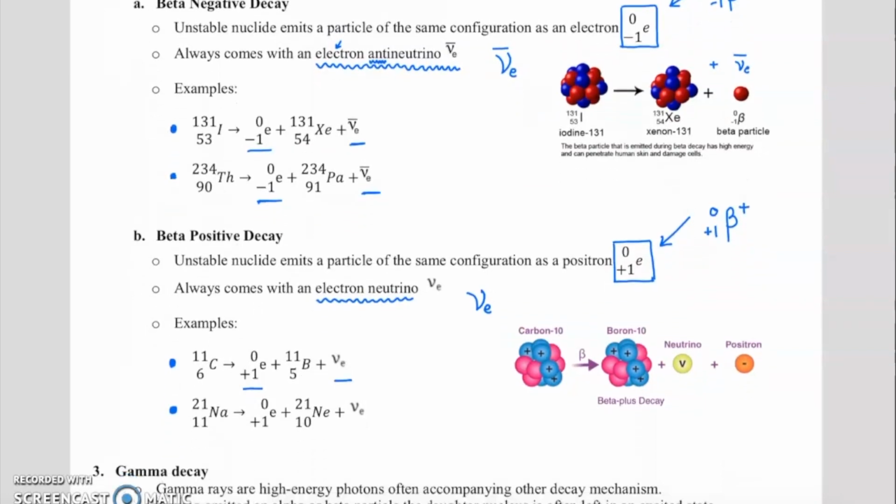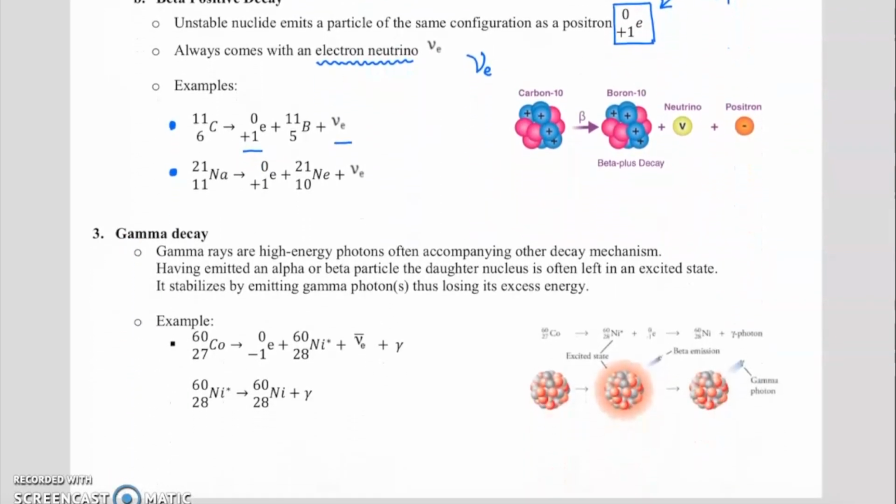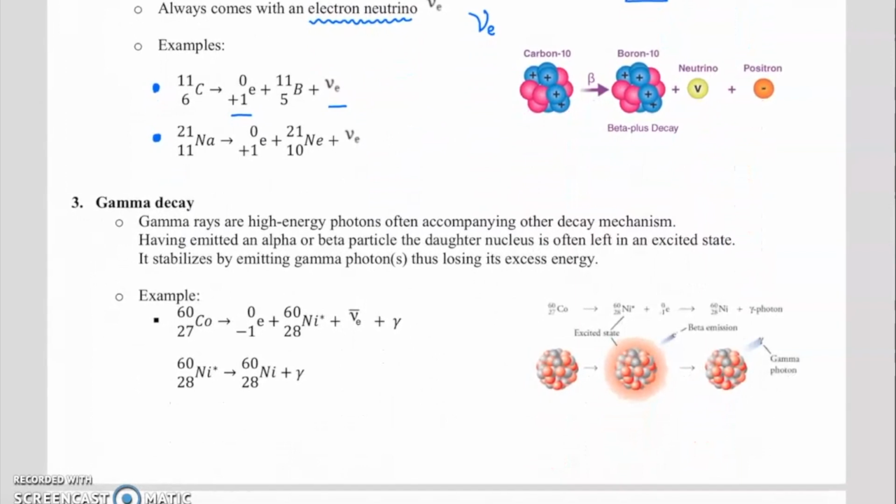And our last type of decay here is gamma decay. Now, gamma rays, we've kind of already learned about them. They might remind you of the electromagnetic spectrum. They're very, very energetic. And really, all that it is are high energy photons. We even use the same symbol as a photon. We use that gamma.